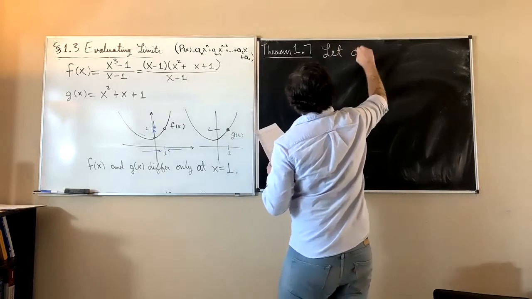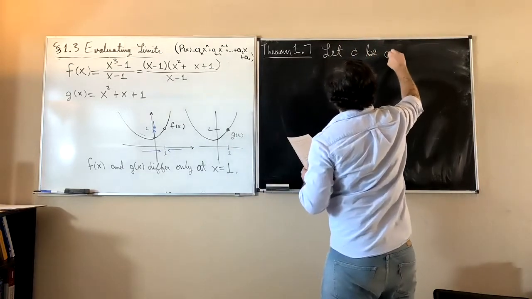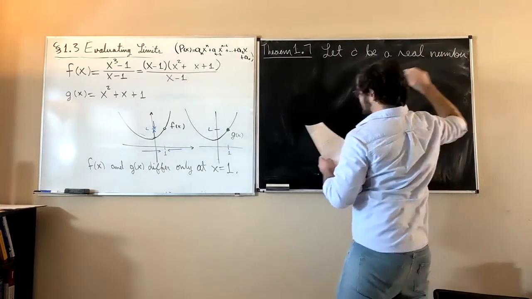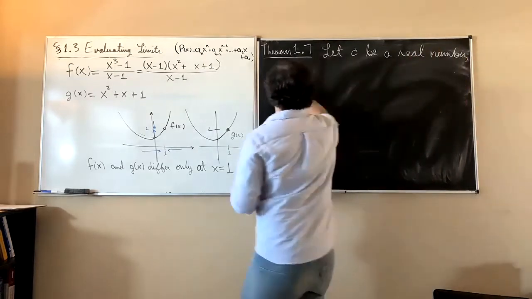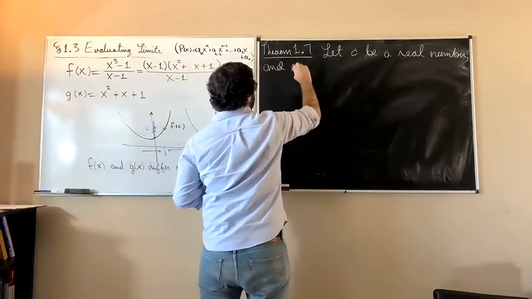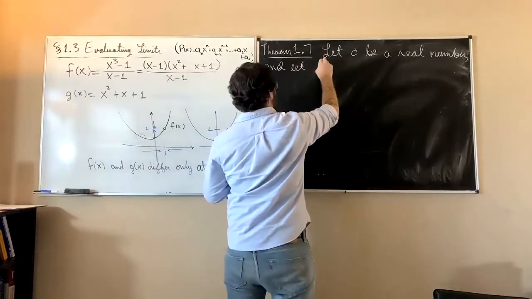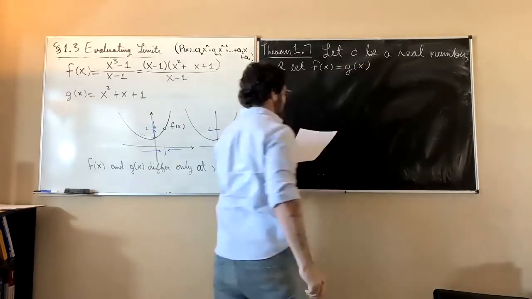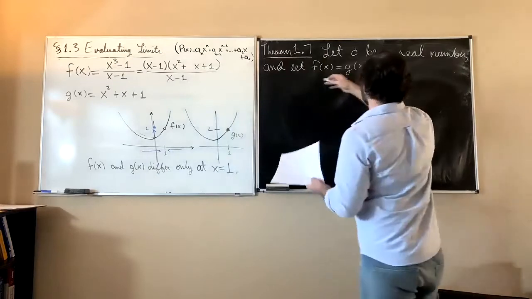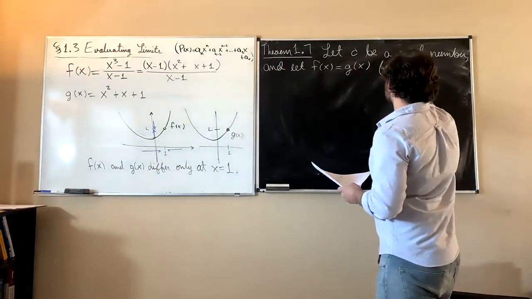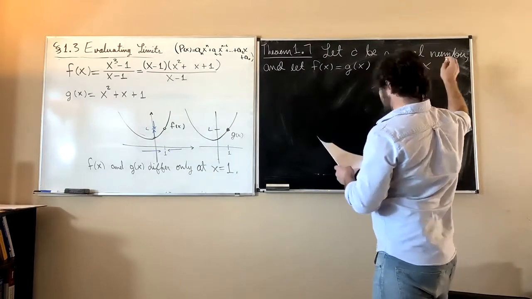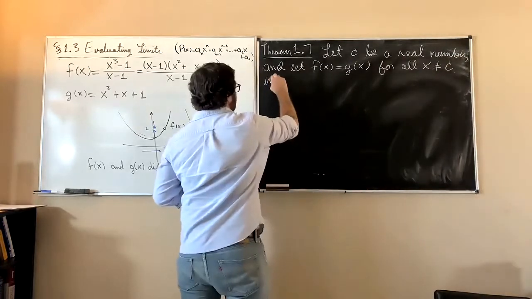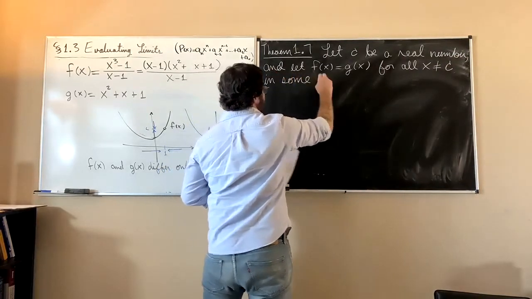So let c be a real number and let functions f of x and g of x be such that f of x equals g of x for all x not equal to c in some open interval containing c.